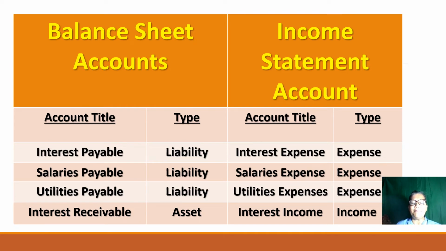Therefore, the financial statement is incorrect because the balance sheet is understated by the amount of interest payable and the income statement is also understated by the interest expense. That's why the income is overstated, because the interest expense is understated.